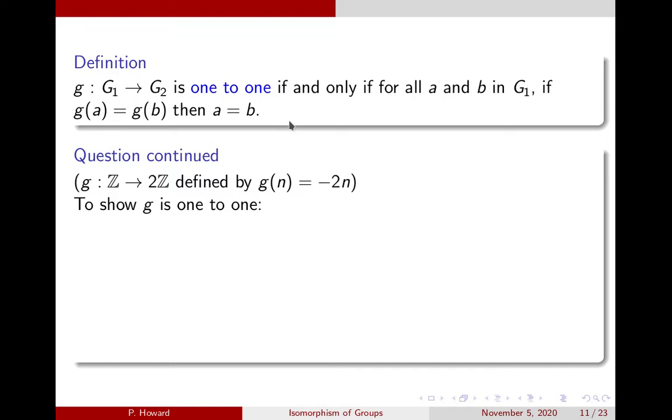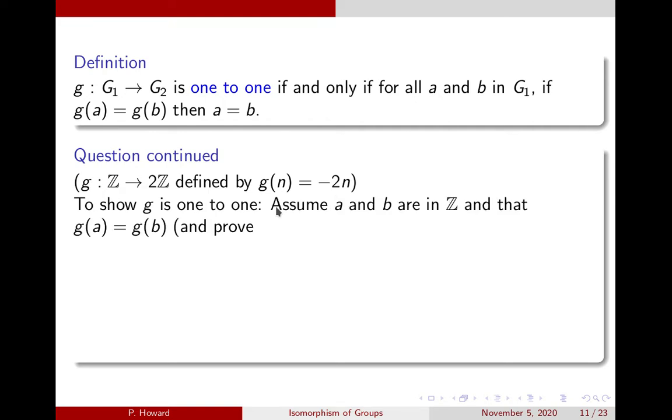Okay, so we know what 1 to 1 means. It's a for all statement followed by an if then. So to show that g is 1 to 1, we are going to assume that we have an a and b in the set of integers. That's the G1 in our example. And we're going to assume the hypothesis of the if-then, namely that g of a equals g of b. And we have to prove the conclusion of the if-then. We have to prove a equals b.